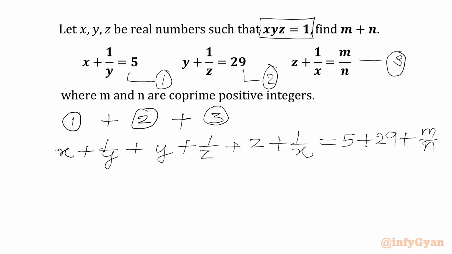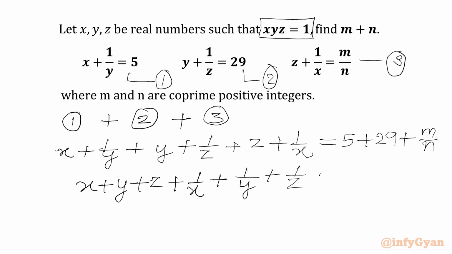So I can write here x plus y plus z plus 1 over x plus 1 over y plus 1 over z equal to 29 plus 5 is 34 plus m over n.